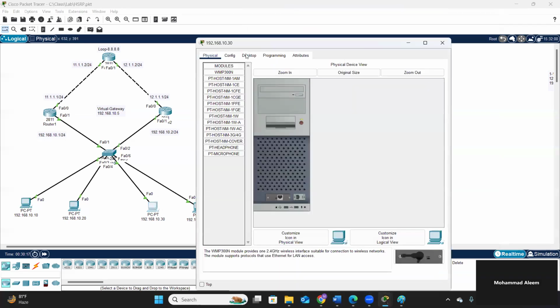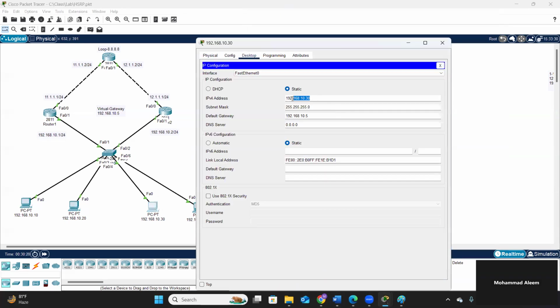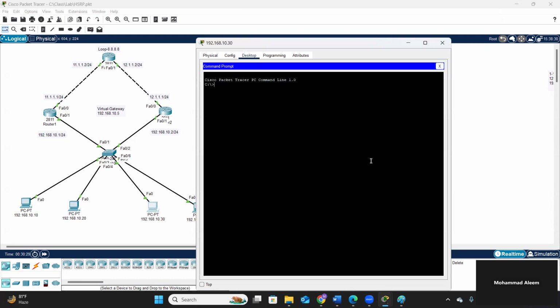I'll use this router, PC3. I'll configure 192.168.10.30 and the gateway I'll use here is 5. Now I'll shut down. Before that, I'll trace to Google and then ping 8.8.8.8. Yes, we are able to reach.